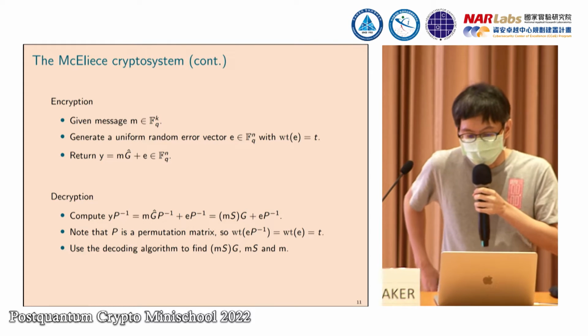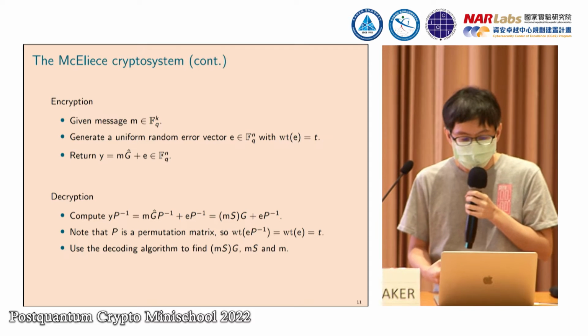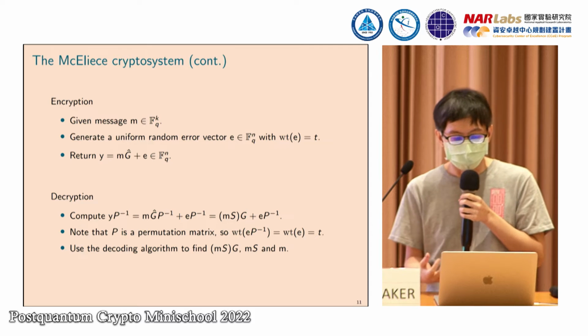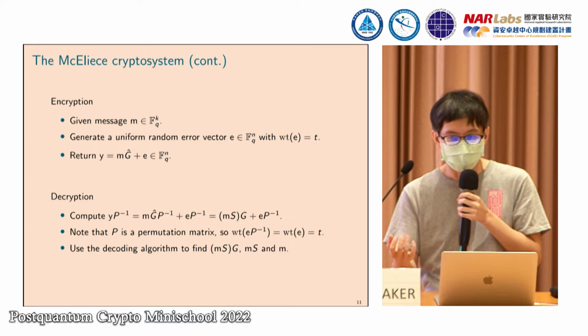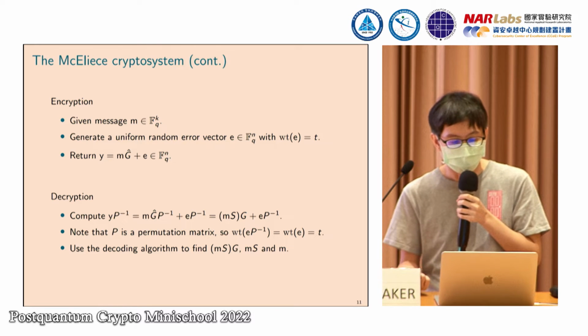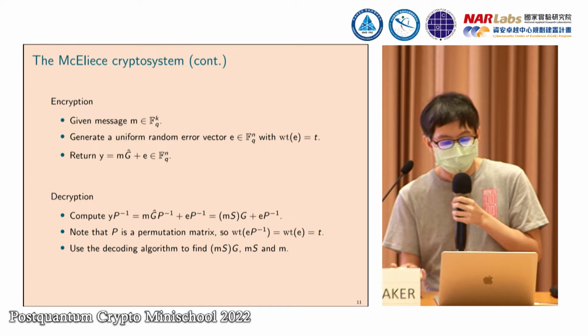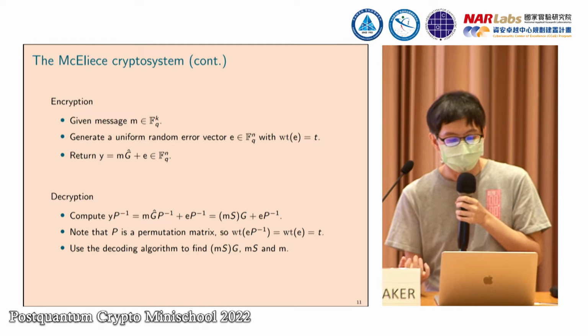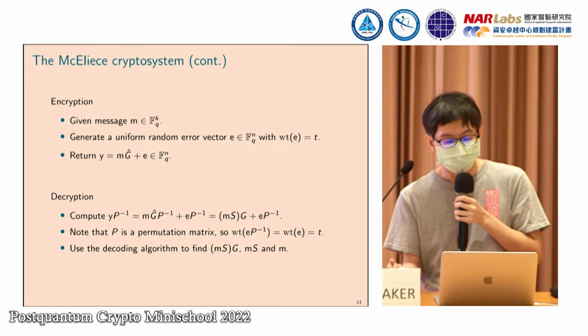And as I mentioned, when you do encryption, you're creating an instance for regular decoding. So you have a message that you want to encrypt. This is a length k vector m. Then you artificially generate a uniform random error vector e, which is of weight t.